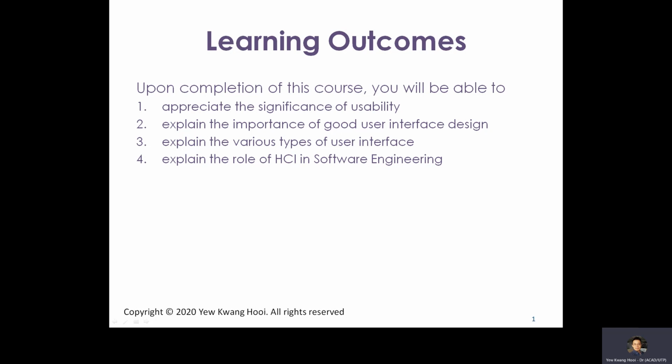So, these are the learning outcomes. Number 1, to appreciate the significance of usability. Usability is important because the interface of the software will determine whether the software is useful or not to the user, especially for social technical systems whereby the software is designed to assist human activities.